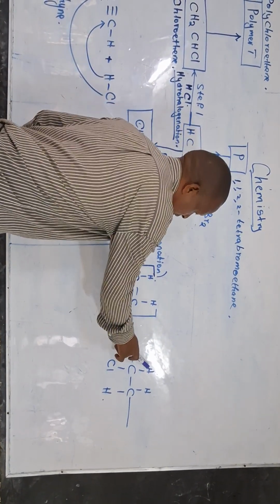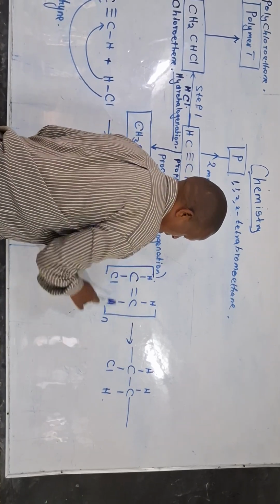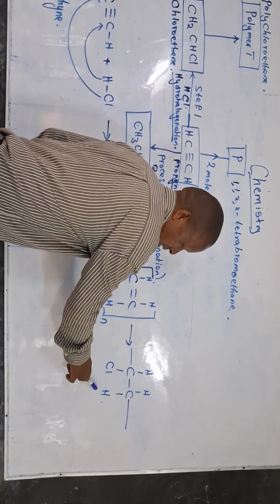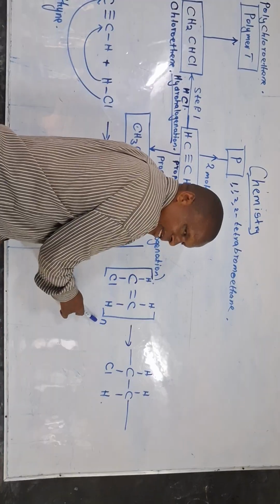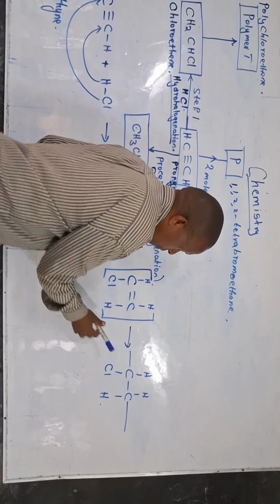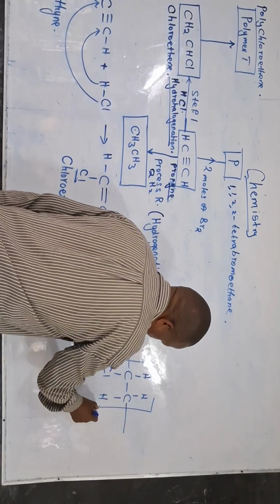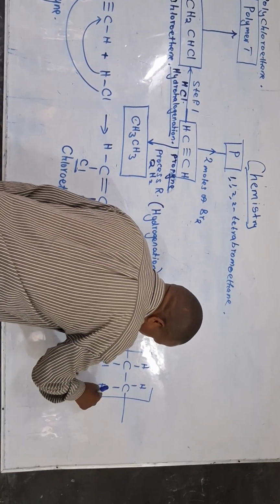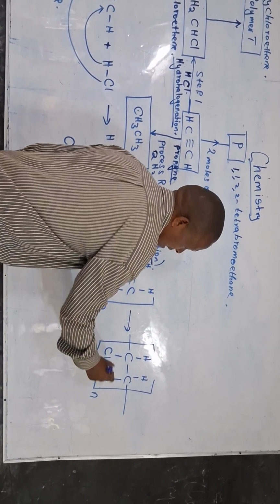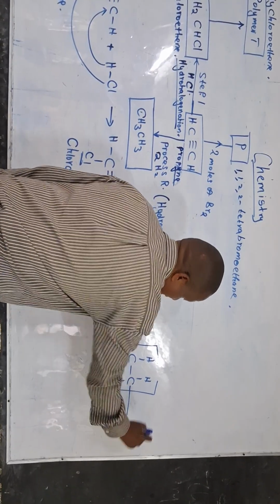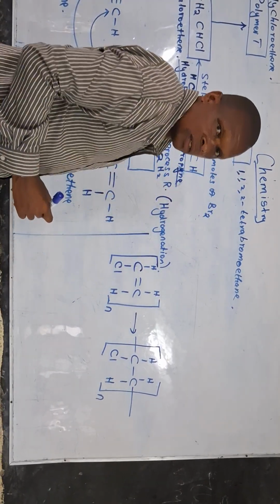This one is this one, this one is this one, this one is this one, and this one is this one. So they were N. How do we show that they were N? You put a bracket like this, and another bracket on this side, and then you write N in front there. Make sure that the line is cutting through the bracket.